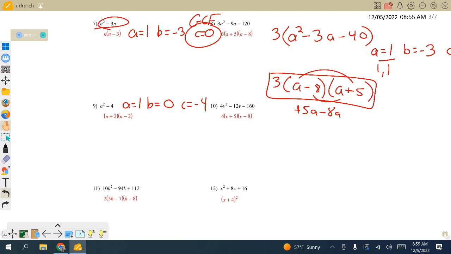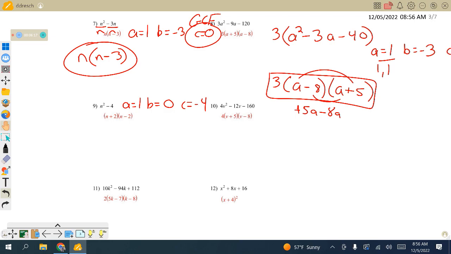These two terms, what do they have in common? Both have n in them, right? So I take out an n, and remember to show what you have left over, you divide, plus you get. And when we divide, using our exponent rules from 5th and 6th grade, we get n minus 3. That checks out the answer.